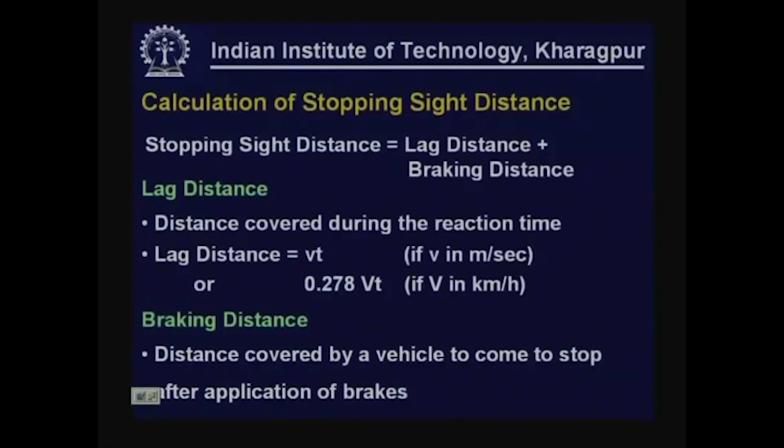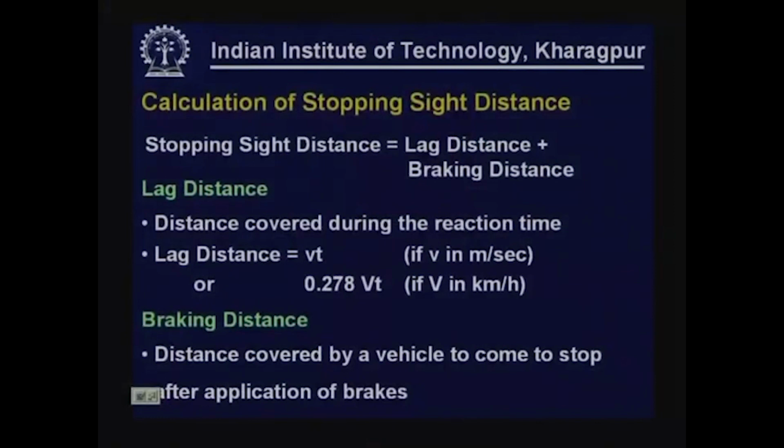How is the stopping sight distance calculated? As I mentioned earlier, it is the distance the vehicle travels during the thinking time. In a more refined form, it is the time during the perception reaction time. We have understood what perception reaction time is.